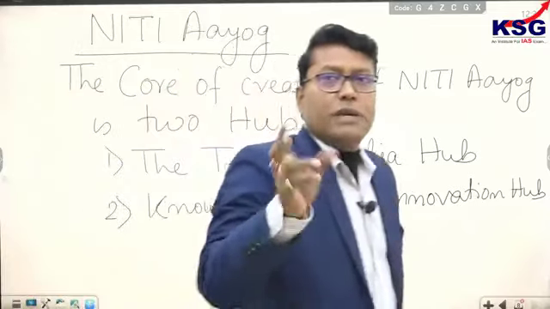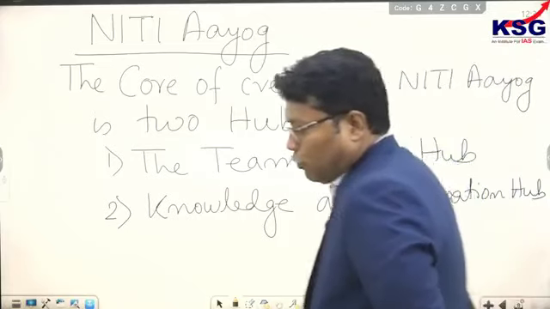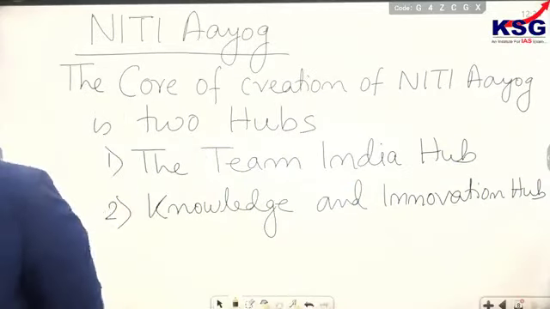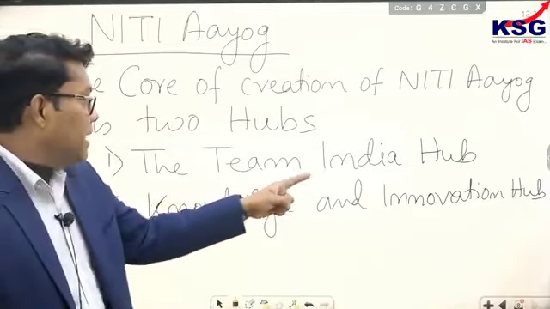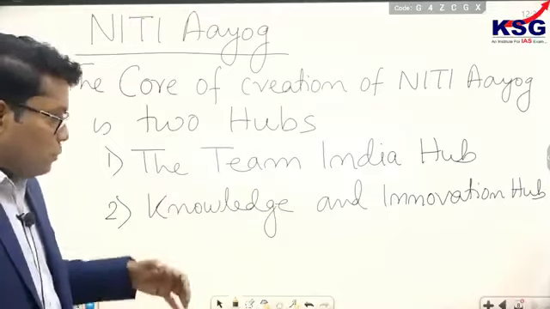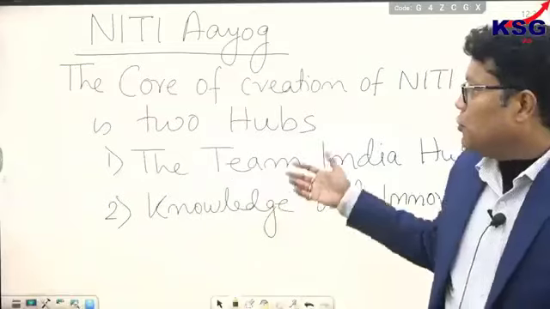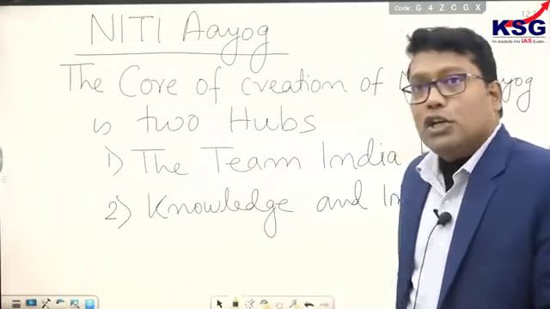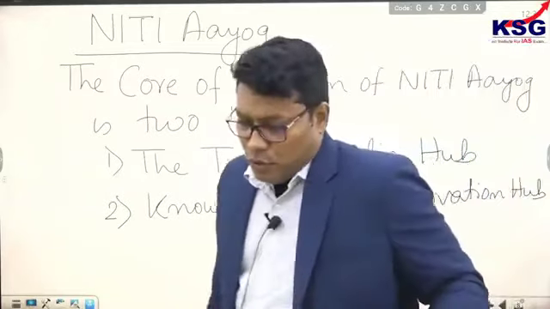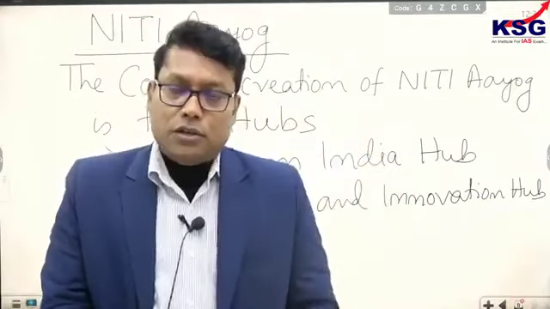You can say the two pillars of Niti Aayog. So you created the Niti Aayog, but the creation of Niti Aayog is based on two hubs, or you can say the core of Niti Aayog is two hubs. One is the Team India hub, and the second is the Knowledge and Innovation hub. So basically, the basic theme on which the Niti Aayog is working is the Team India hub and the Knowledge and Innovation hub. Now we are going to the objectives.